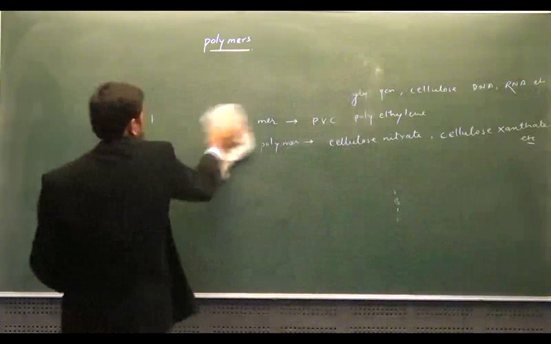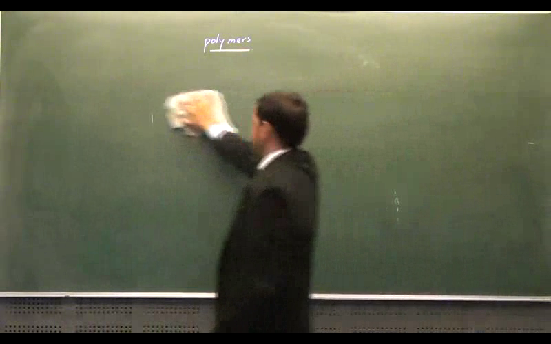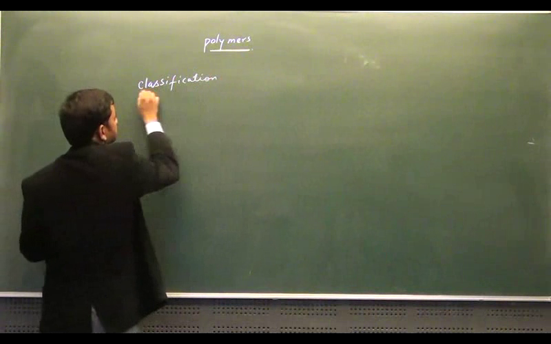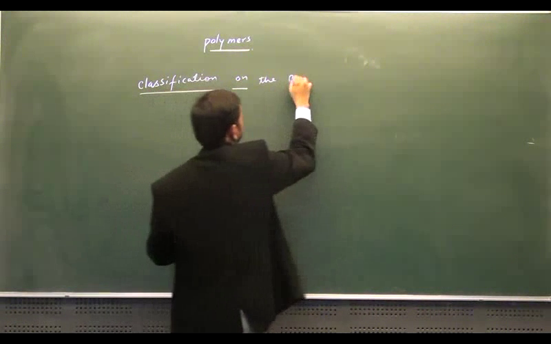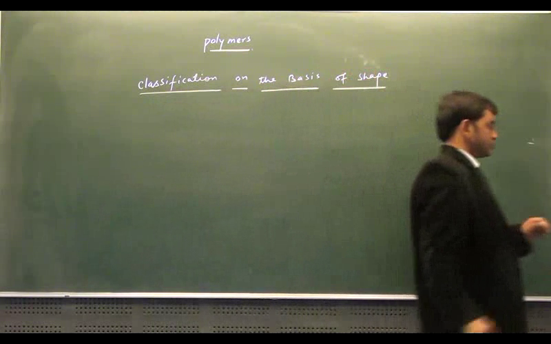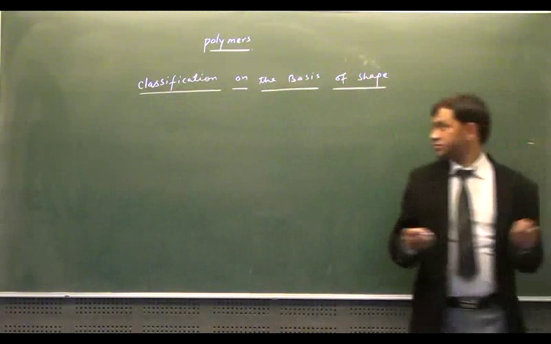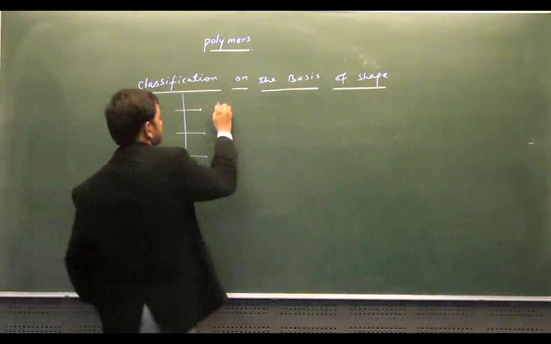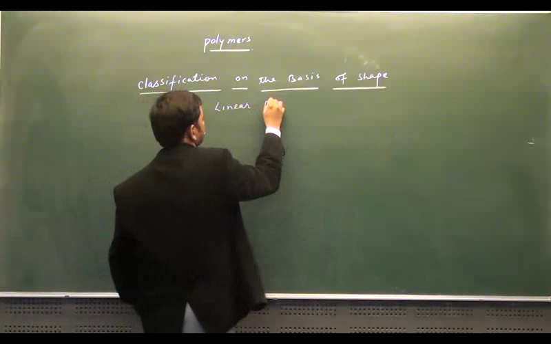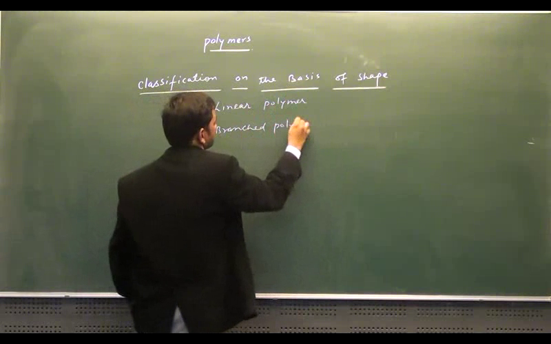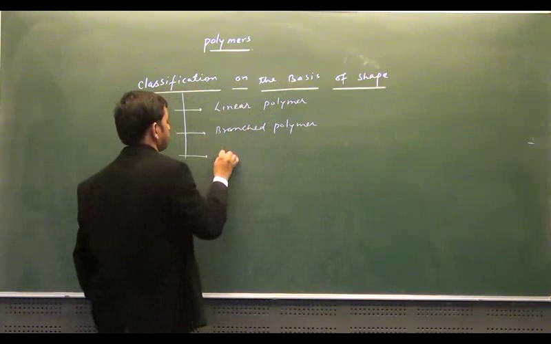Classification on the basis of shape. Again, three types: linear polymer, branched polymer, and cross-linked polymer.